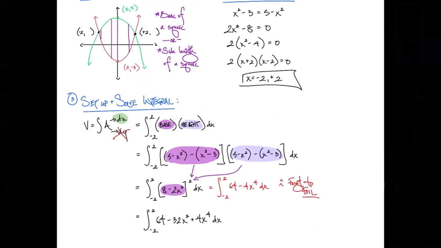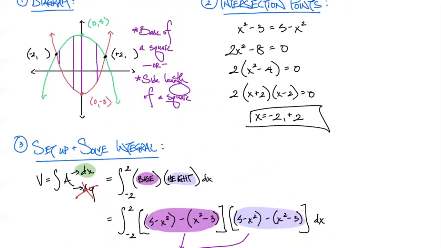How does that change my setup, my integral, if I only want to find half the volume? All right, change the bounds. Change the bounds to what? Good. Okay, so if we look back at this diagram and I said I want to start here and I want to end here, that means I'm going to start at x equals 0 and finish at x equals 2.